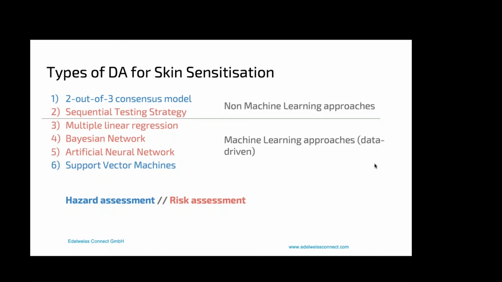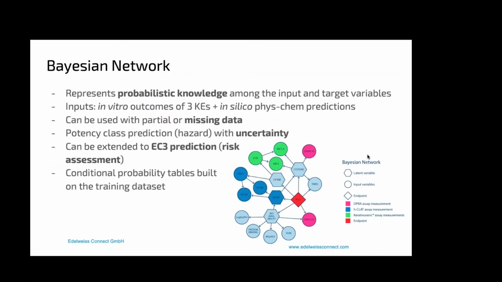And I would just briefly go through the last 3 algorithms: Bayesian network, neural network, and support vector machine. A Bayesian network is used to represent our probabilistic knowledge, and it means that if I know the value of a certain variable, I can predict with a certain probability the likelihood for the value of another variable.